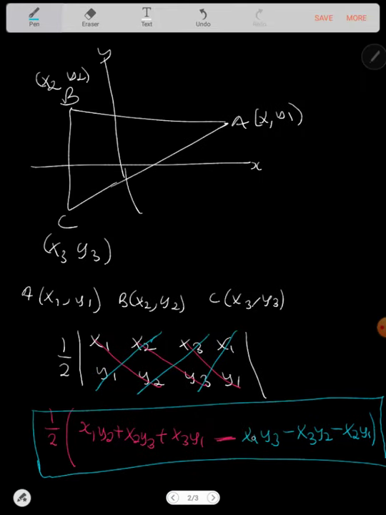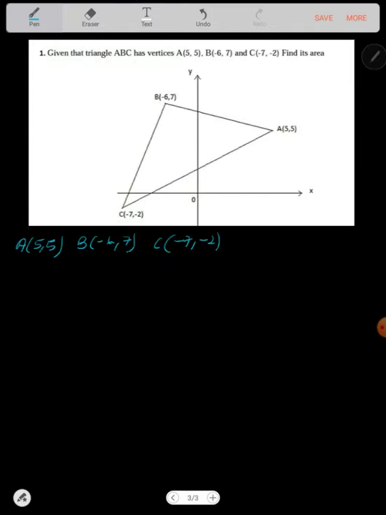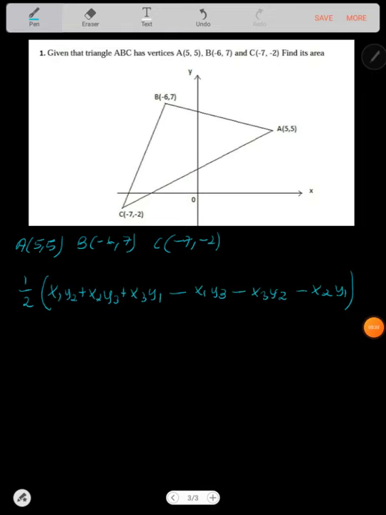When we go back to our formula, we're going to use this formula now. So let me just copy the formula. As you can now start replacing, this is x1, y1, x2, y2, x3, y3. So we have 1 over 2. x1 is 5, times y2, which is 7.